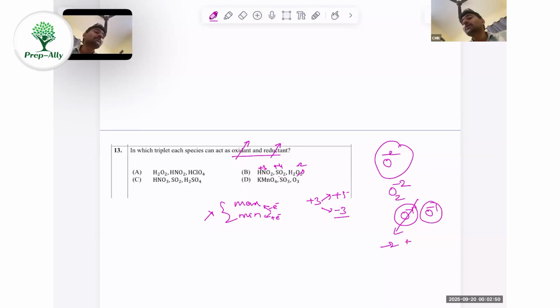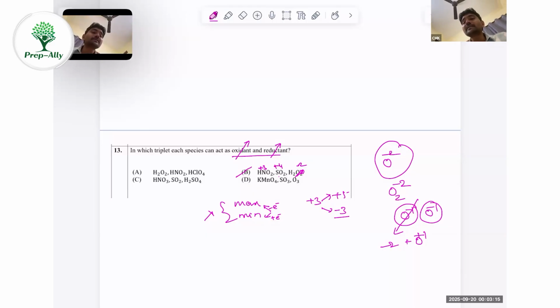For example, O2F2, if you take it, oxygen and fluorine bond is forming, so fluorine will get negative charge, obviously oxygen will get positive charge, +1 or +2 based on the number of fluorine atoms attached to it. So here also it can act as both oxidant and reductant. So option B is your correct answer.